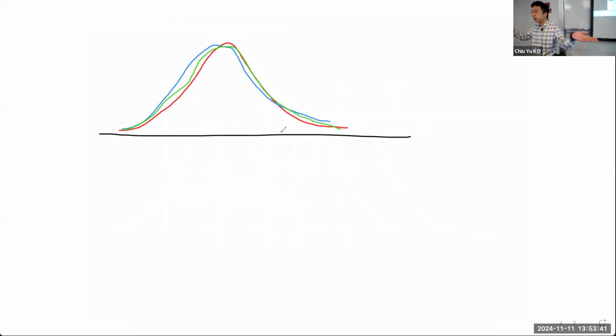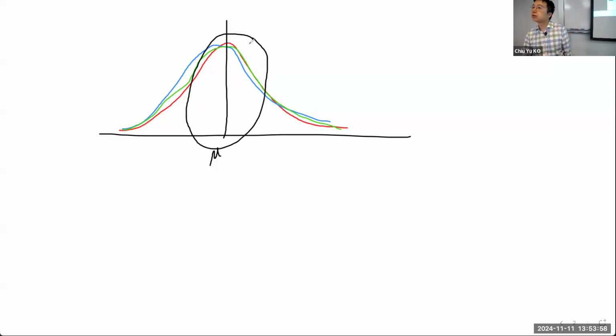There's no difference between them, right? That means when you collect data, it's the same mu, so all the data should be somewhere nearby here. When you calculate the variance, it should be something like that, right?